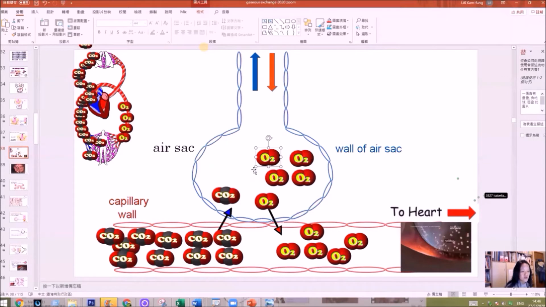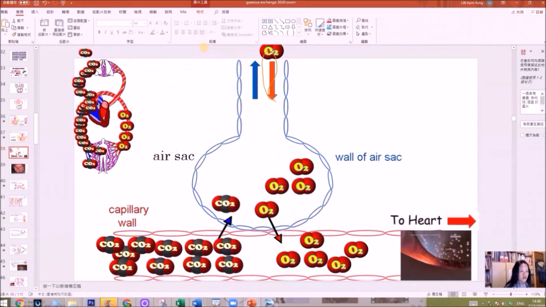There is an arrow showing how you keep a high concentration gradient here. Yes, this is the breathing in mechanism. So the oxygen will be breathed in from the air into the lungs. So this can keep a high concentration here.